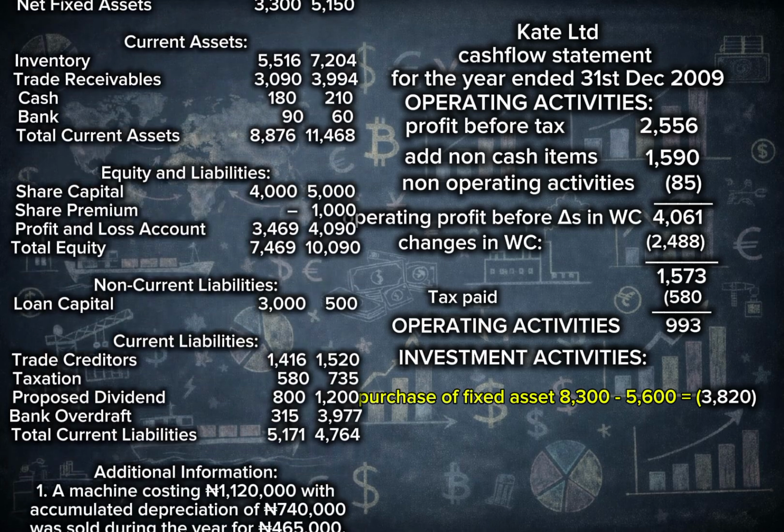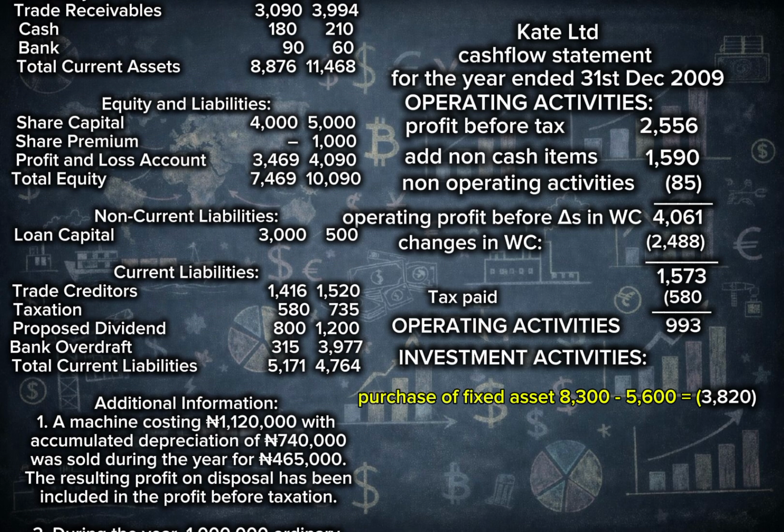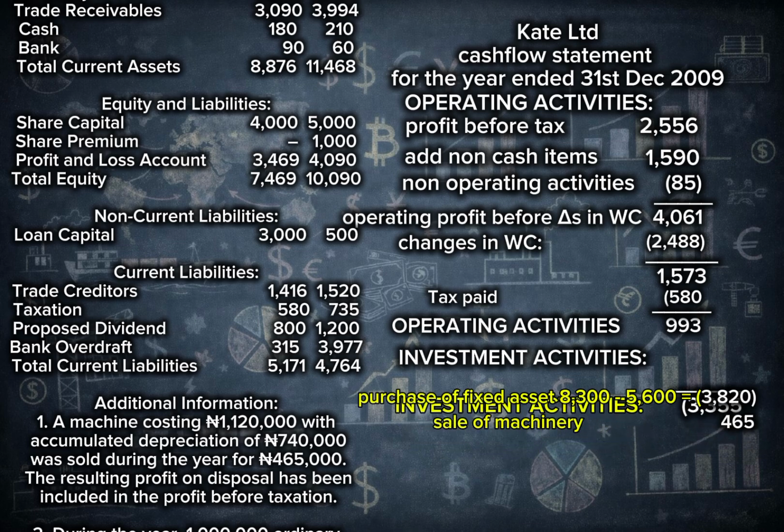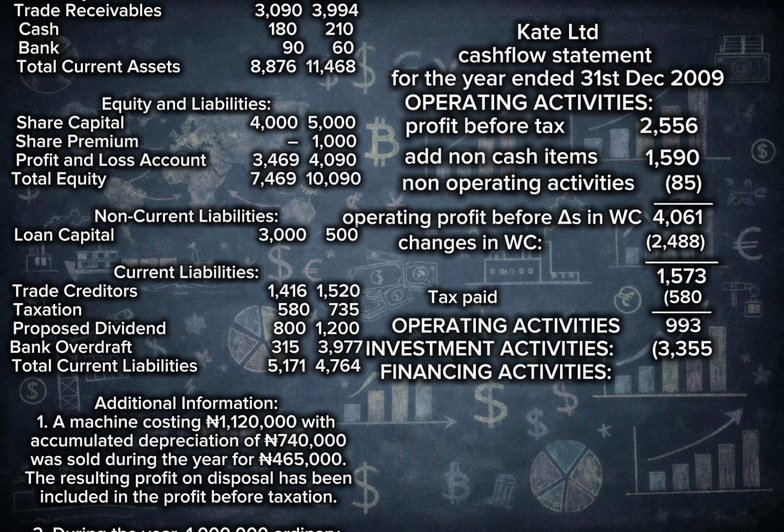And remember, in the notes to the accounts, we were also told that there was a sale of machinery to the tune of 465,000 naira. This sums up our net cash flow from investing activities to 3,355,000 naira.